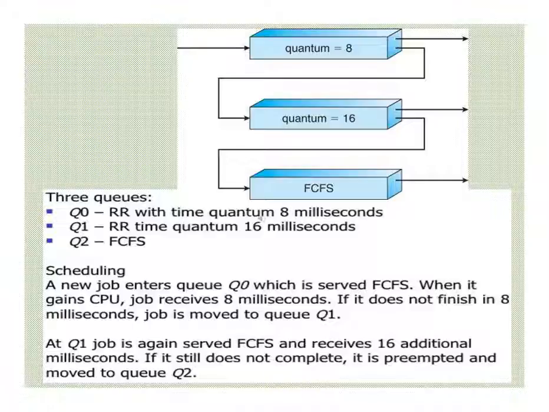This form of aging prevents starvation. Indeed, the parameters are the number of queues, the scheduling algorithm for each queue, the method used to determine when to upgrade a process to a higher priority queue, the method used to determine when to demote a process to a lower priority queue, and the method used to determine which queue a process will enter when that process needs service.